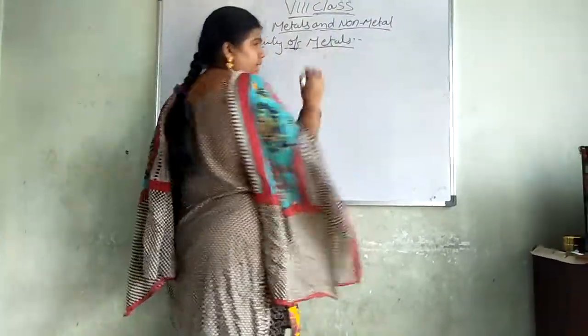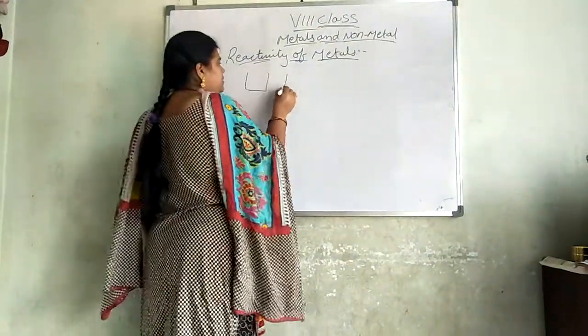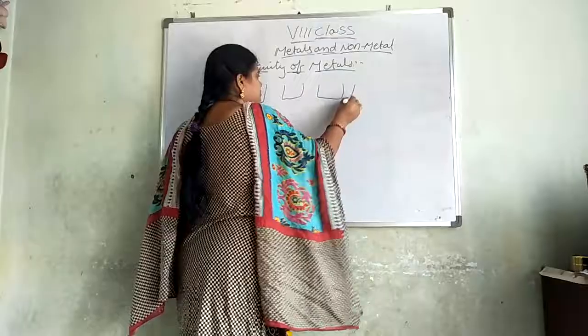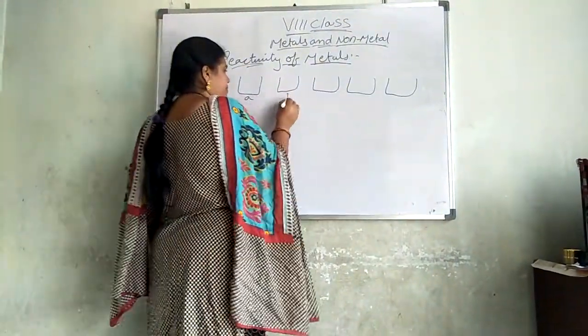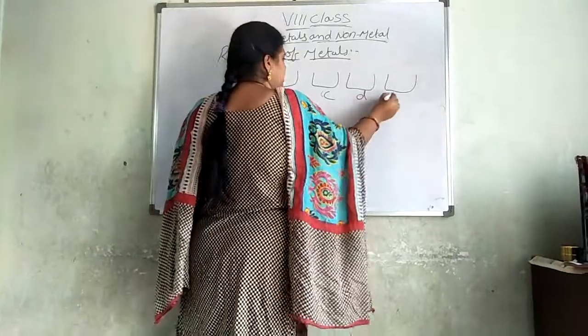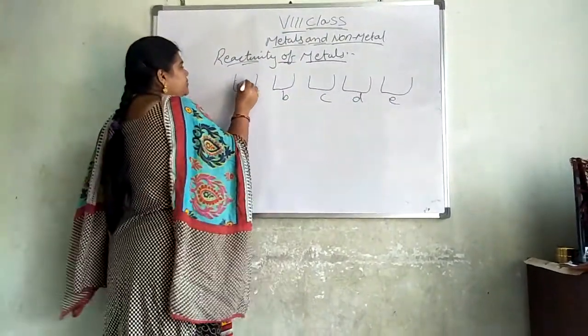Reactivity of metals. For this, you have to take 5 beakers. Name the beakers as A, B, C, D and E. Okay, fill all the beakers with water.